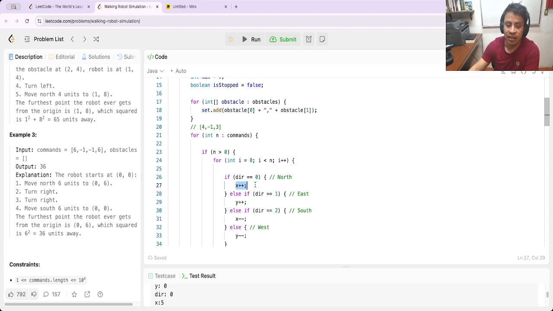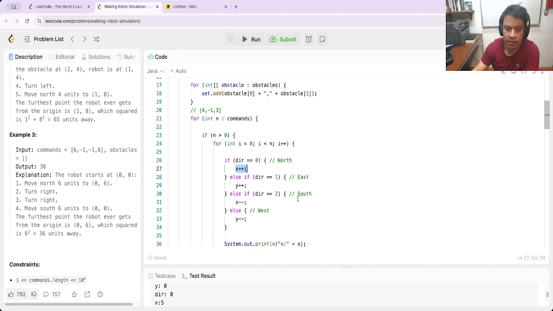Detect what is the, okay, let me check. The direction is north, east, south, west. Yeah, for me it's okay, but in one moment switch.